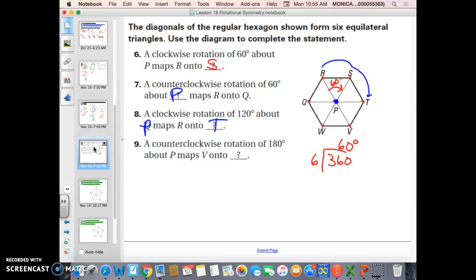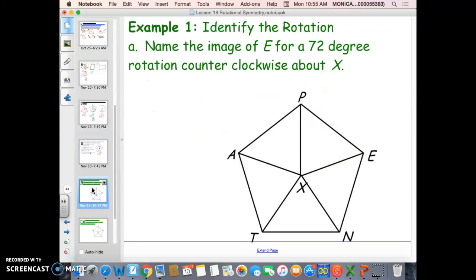And then a counterclockwise rotation of 180 degrees about P moves V onto, well, 180 is going to be 3 turns. So V, go 1, 2, 3. It's going to go to R. All right. Another type of question, you might be given a shape like this, and it says, identify the rotation, name the image of E for a 72-degree counterclockwise rotation about X. So first we have to notice that this is a 1, 2, 3, 4, 5.